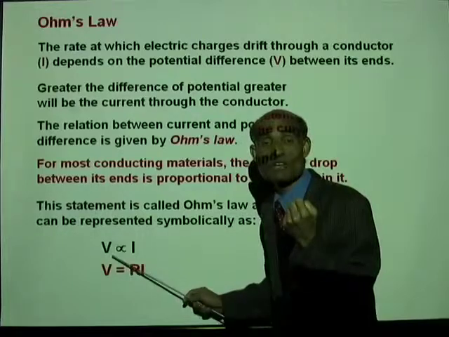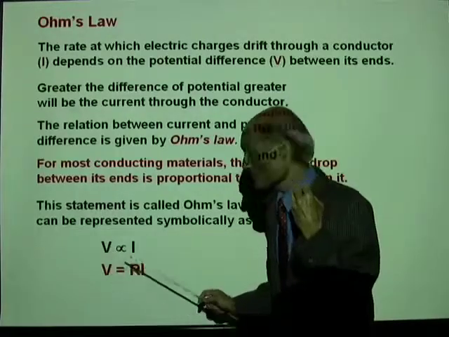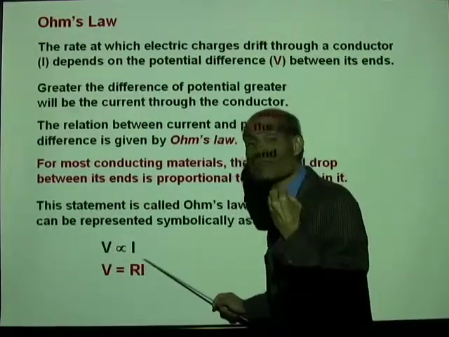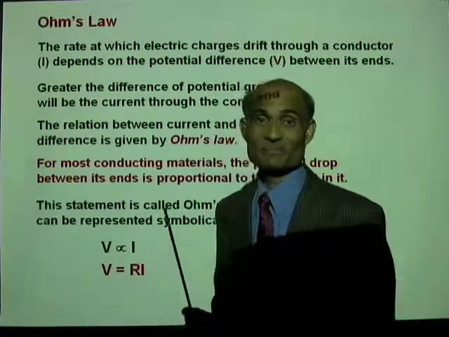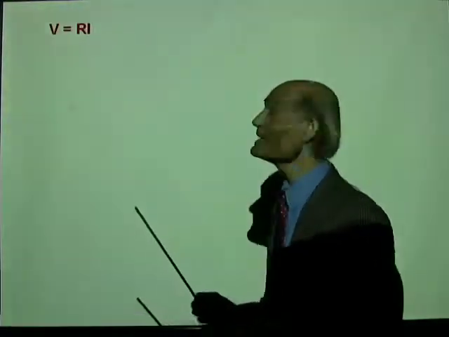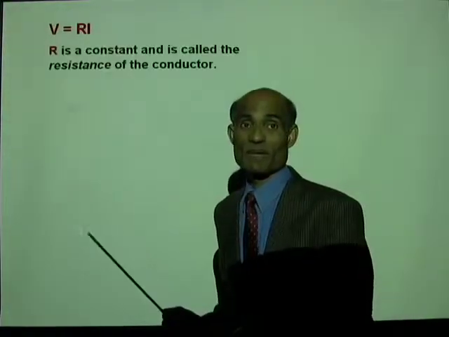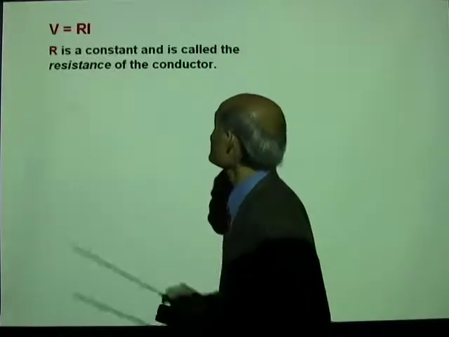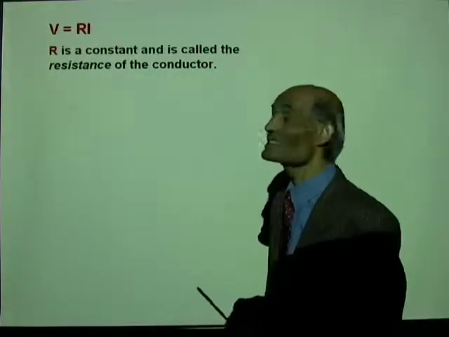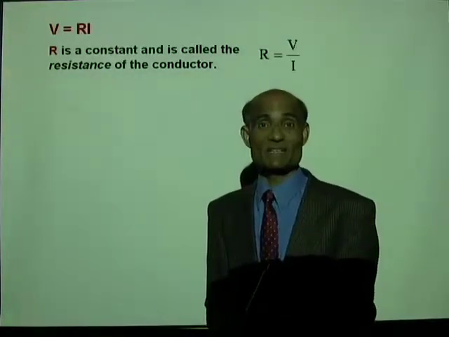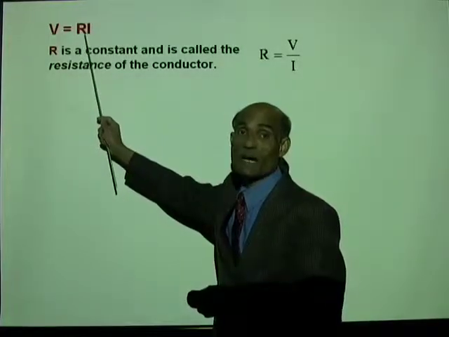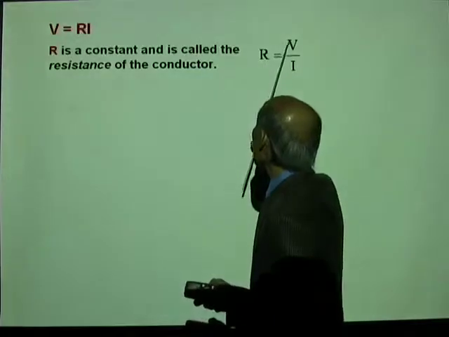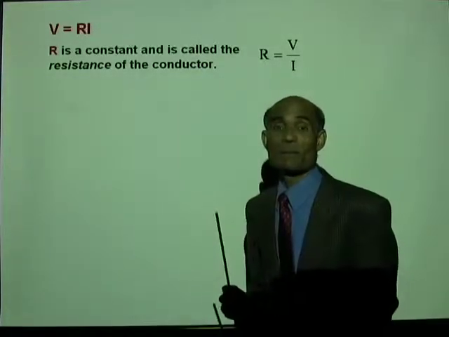Potential difference between the ends of the conductor, the current flowing in the conductor, and the resistance of the conductor. V equals R I. Now, R is a constant and is called the resistance of the conductor. And if you want to solve for R from here, R equals V over I.